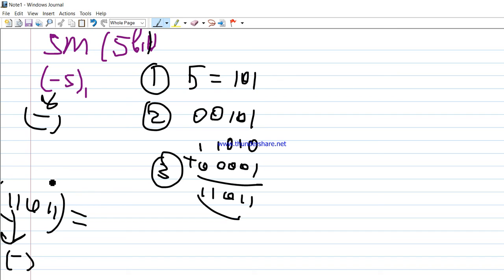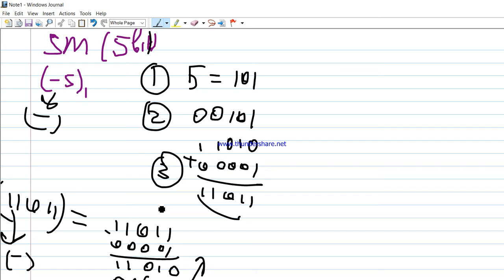Now we subtract 1 from this number. So I will get 1, 1, 0, 1, 0. Then I will flip it, so I'll get 0, 0, 1, 0, 1. Then I take this and just convert it to decimal, and it's really easy, it's just 5. And then I bring this sign here, and I will get minus 5.